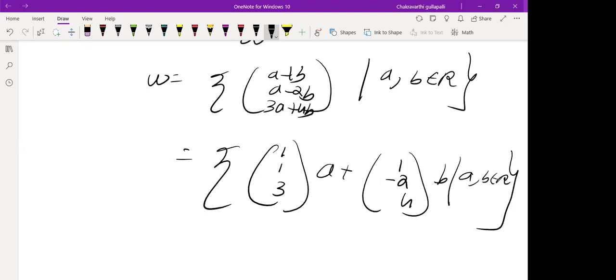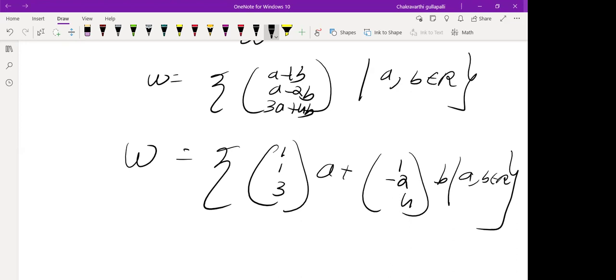So every vector in W, what is the meaning of this? The spanning set contains 2 vectors, with 3 components. But W contains how many vectors? Infinite. Why infinite?